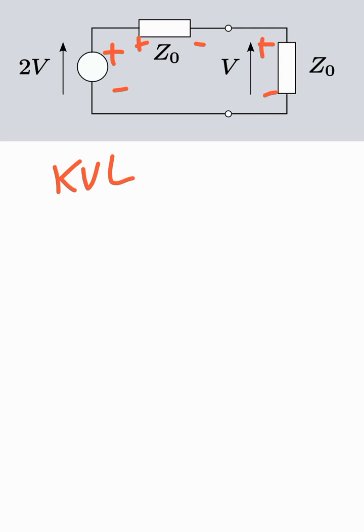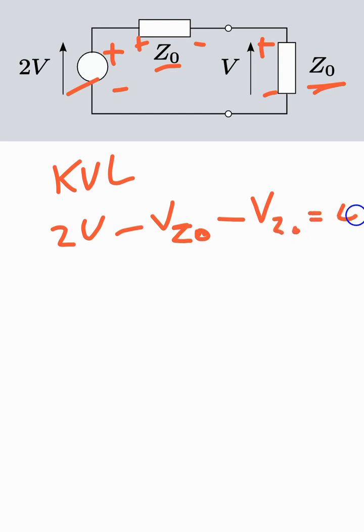So you will start from this voltage source, which is 2 volt, minus voltage across this Z0, VZ0, minus voltage across this Z0, that is VZ0, is equal to 0. So if you know these two voltages, accordingly you can put the values, and accordingly you can complete the loop.